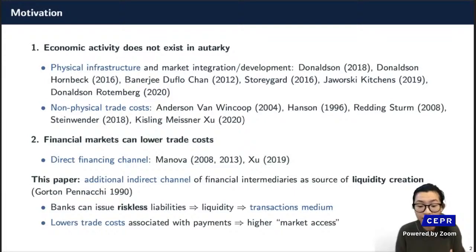And the fact that these liabilities then become riskless creates liquidity that leads these liabilities to be a really nice source of transactions medium. Okay, so basically what we want to look at is these securities that have a lot of liquidity attached to them, which can be used in payments and essentially lower trade costs associated with payments. From the perspective of a particular economy, we think of this as translating into a place having higher market access.